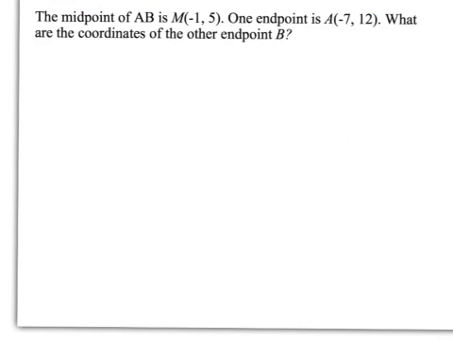The midpoint of line segment AB is M, which is -1, 5. One endpoint is A, which is -7, 12. What are the coordinates of the other endpoint? So if you think about a line segment, we have AB and M is here.